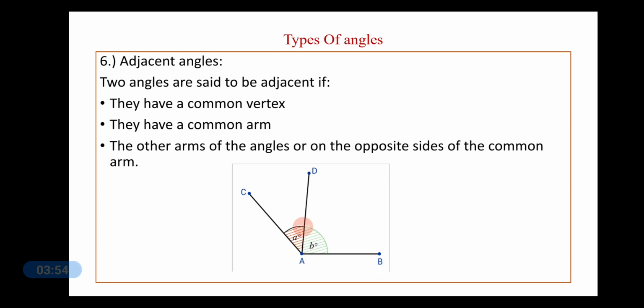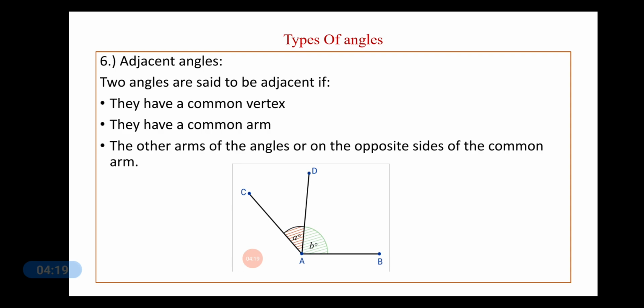This angle is divided by a line AD. Now this point A is the common vertex for two angles, CAD and DAB.